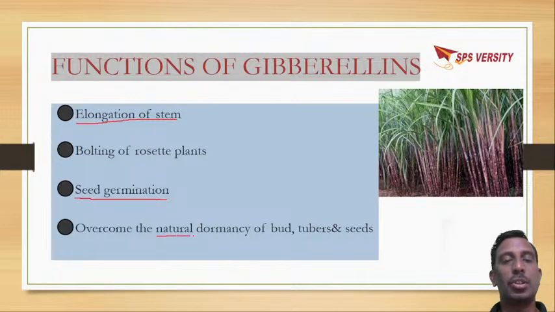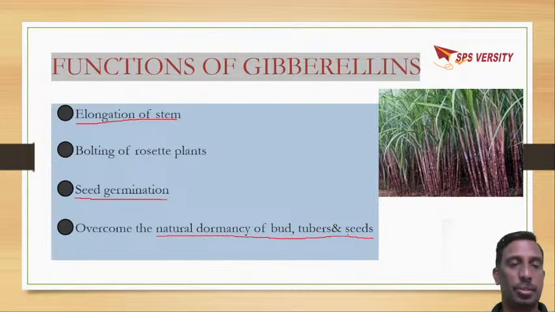It overcomes the natural dormancy of buds, tubers and seeds. Dormancy means resting period. Even though they are provided with suitable conditions, they will not germinate. It is called dormancy, seed dormancy.